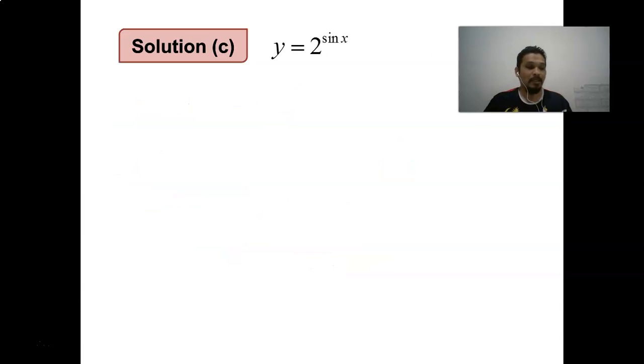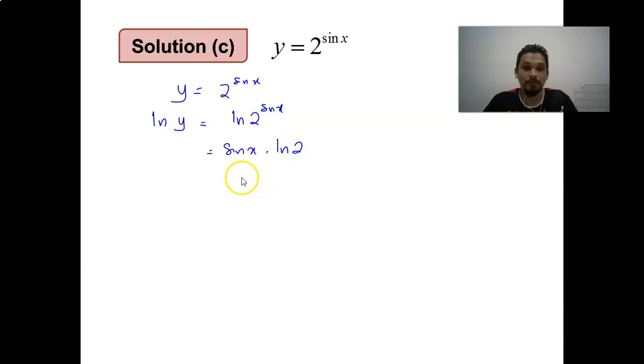Okay, the next question here: y equals 2 to the power of sine x. So take ln on both sides of the equation. Taking ln on both sides, we come out with natural log of y equals natural log of 2 to the power of sine x, which equals sine x multiplied by natural log of 2.